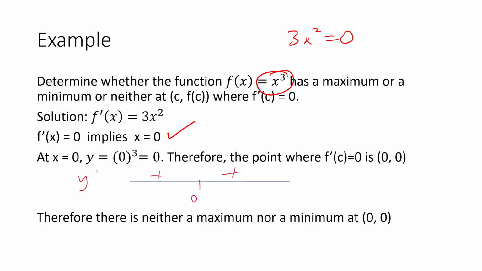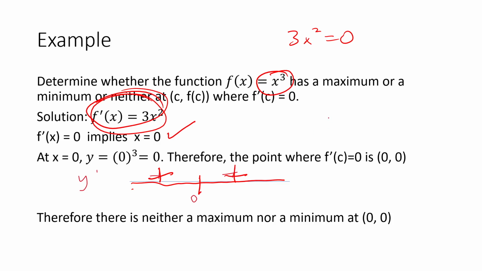We're then going to build a number line, which we do. And we now are going to take an x value to the left of 0 and plug it into f prime at x and see if we get a positive or negative value. We get a positive value. Now we're going to take a number to the right of 0 and plug it in for x and see if f prime at x is positive or negative, and we'll again see that it's a positive value.